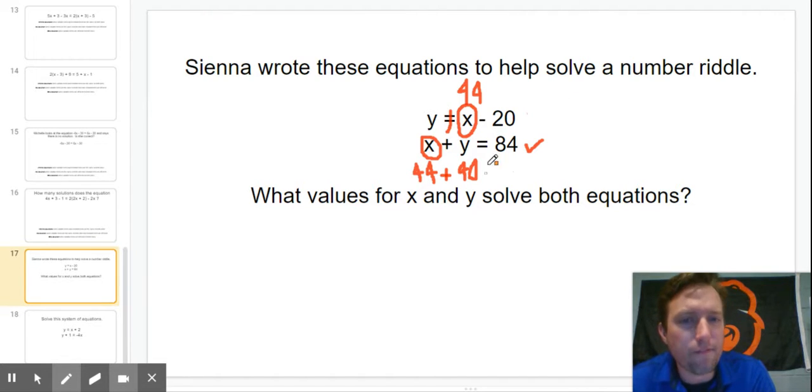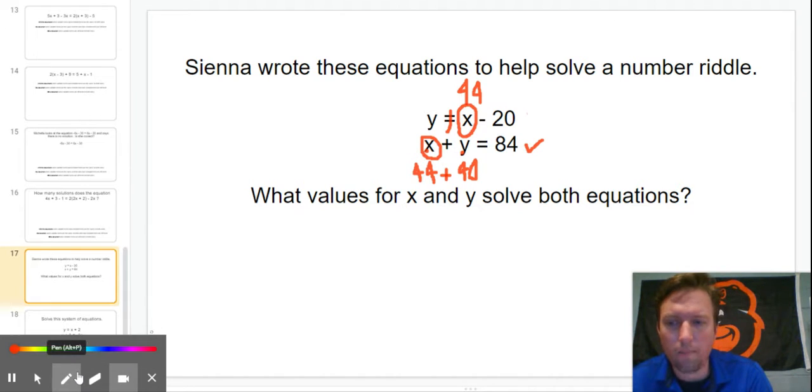I got my first equation correct, but not my second. The values for both x and y need to be equal in both equations, so you need to find numbers that make this equation balanced, and this equation as well. So that was one try.